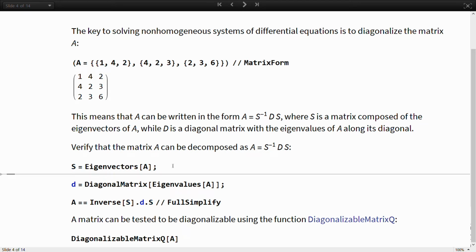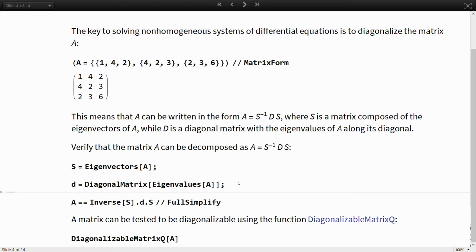Since the Eigenvectors function returns the eigenvectors as a list of lists, they are already returned in matrix form. Next, we can calculate the eigenvalues of A and put them along the main diagonal of a matrix. The DiagonalMatrix function creates a matrix with the list of eigenvalues returned by the Eigenvalues function along the main diagonal.